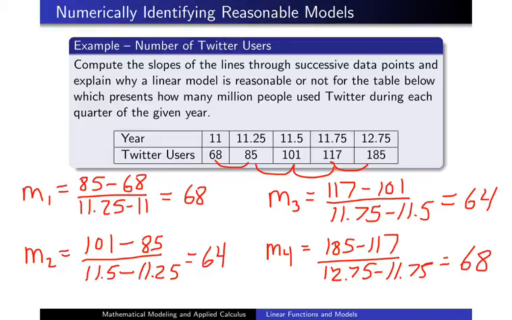That doesn't seem like a very big number. If we look at 4 in the context of our output values, numbers like 68, 85, 185, 4 doesn't seem like a big difference there. So the number 4 isn't big in the context of the slopes, nor in the context of the output values. So we'll say that these are in fact approximately equal to each other, and so a linear model is reasonable.